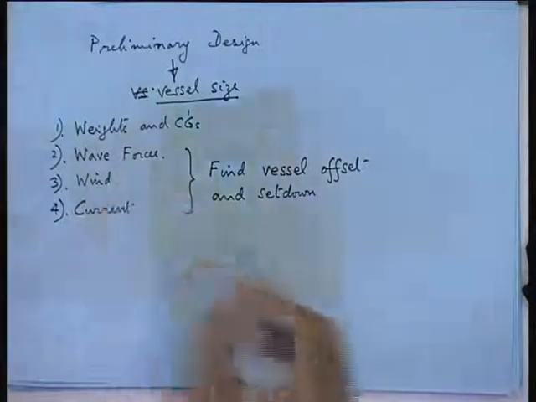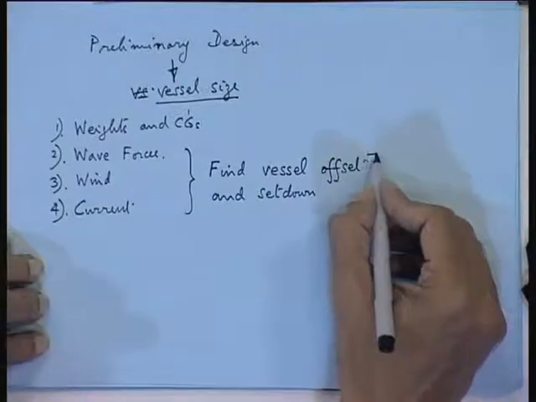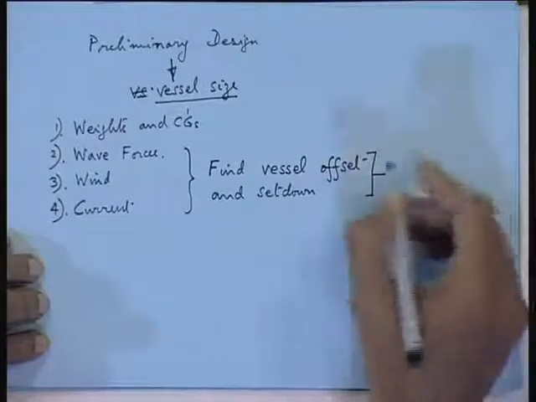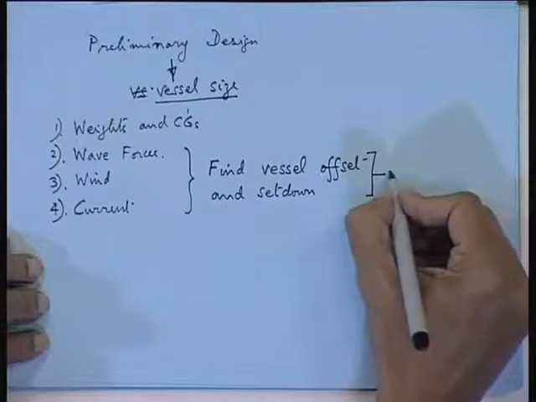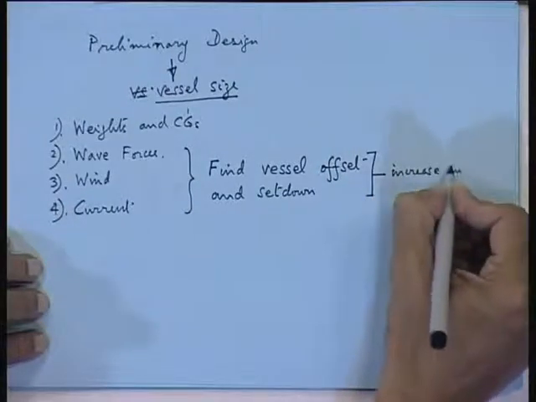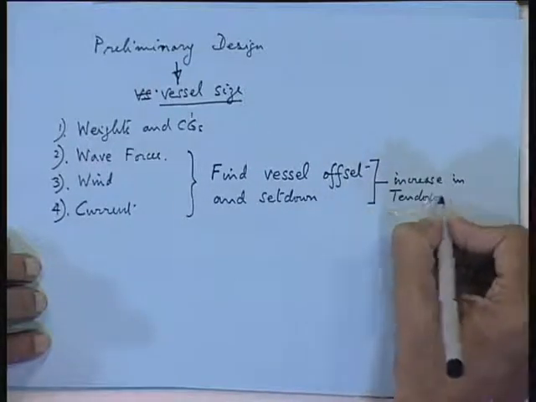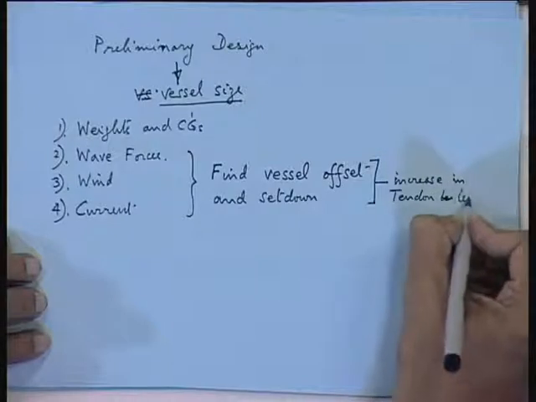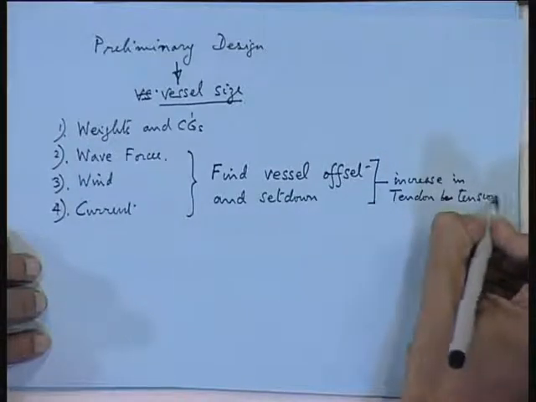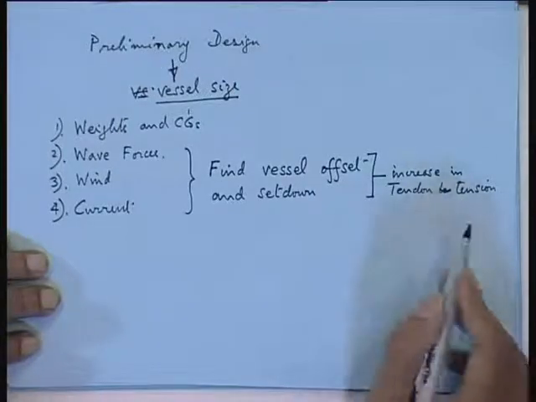This is very important, because you will find this leads to an increase in tendon tension. Now, how much of the increase you can accommodate depends on your tendon configuration.